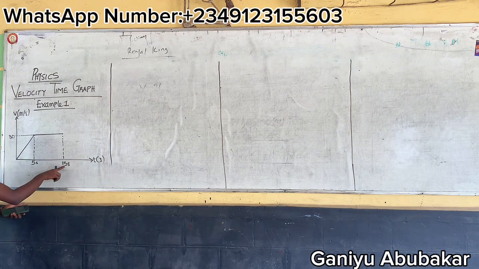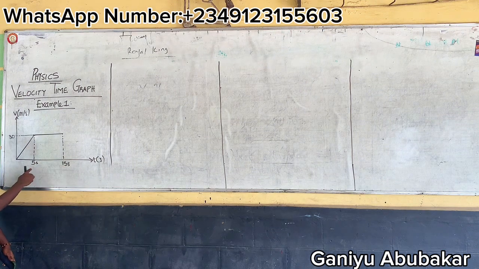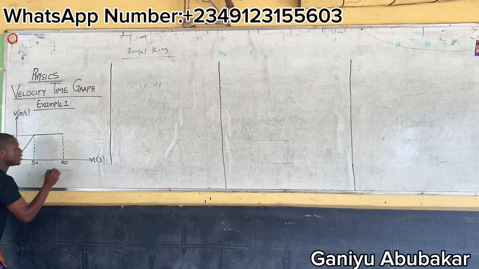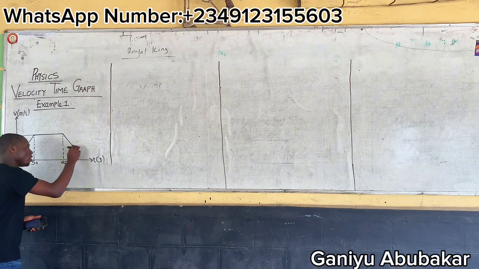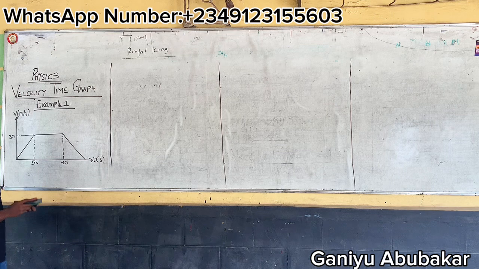But I won't put 15 here. I'll add it up with the 5 here, and that becomes 20. Are you getting what I'm saying? What next again? It says, and it's brought to rest. That's retardation. It will look like coming down to rest.